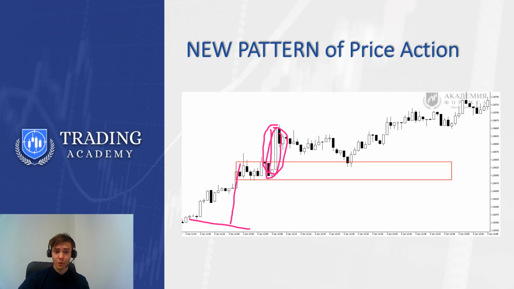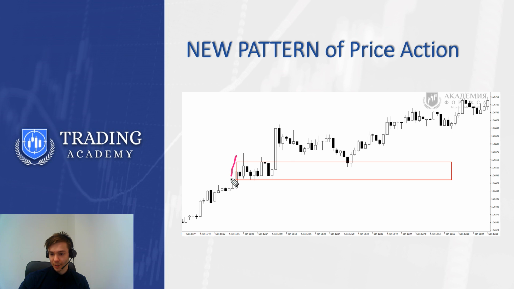Why is it? Because behind the move there were bigger players, and if there are bigger players, you would like to trade with them because they are usually smarter, and they also have much bigger orders to influence the market. So if you see that the market is going up, it is because of that.